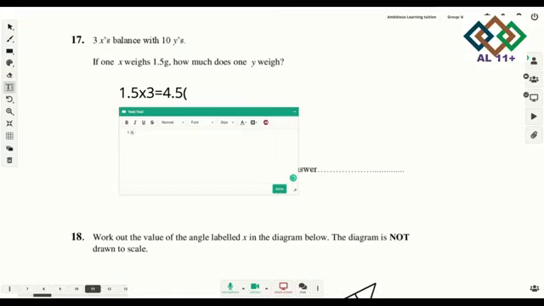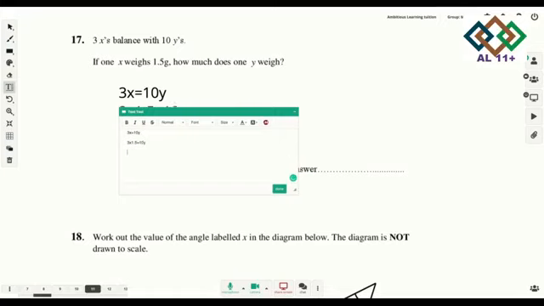Well, let me do an easy way because this one is a little confusing for you guys. Let's do it. 3x equals 10y. Instead of x, I will write down 1.5, so 3 multiplied by 1.5 gives you 10y.